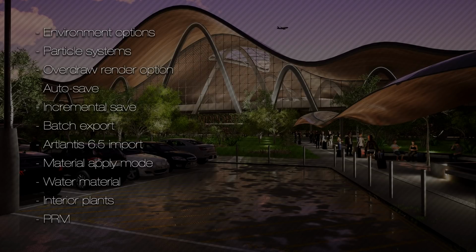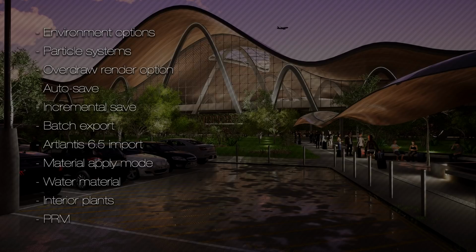We have the batch export that allows you to select all your different types of media, your image, your panorama, your video, and export all of them at once. We are also now compatible with Archicad 6.5, so from Archicad, it's just an export .tmf file that you can now import inside Twinmotion as any other import.